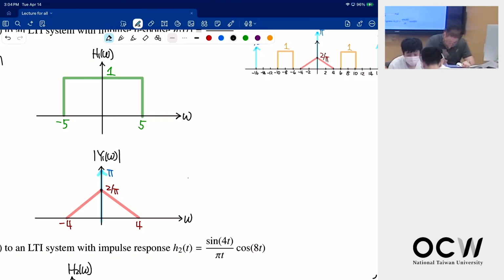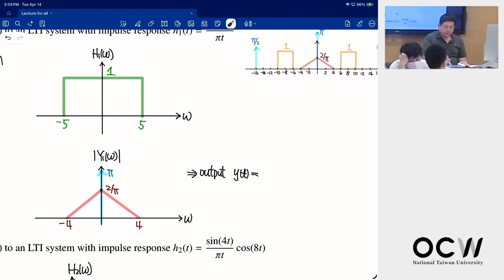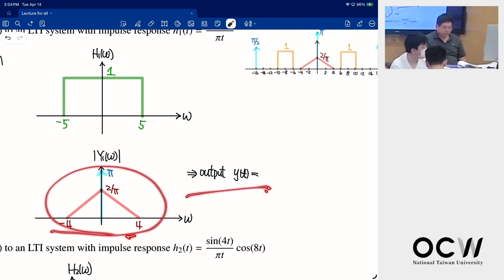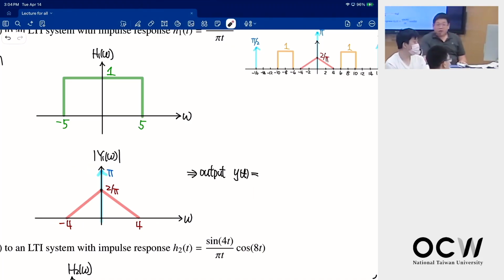Then what is the output in the time domain? Who can tell me the output in the time domain? I gave you that in the frequency domain already. Let's try this. If I give you this, what is the output in the time domain? How can we get this triangle pulse? Triangle in the frequency domain. That means in the time domain, what do we have?